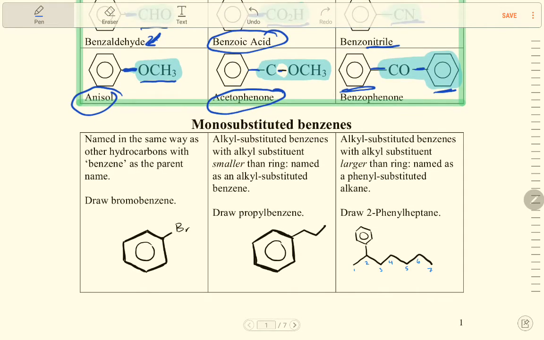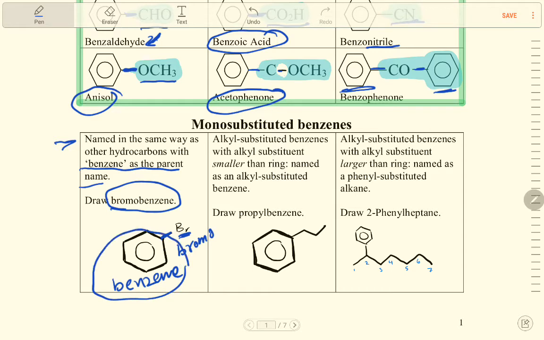Now monosubstituted benzene. We name it the same way as other hydrocarbons, with benzene as the parent name. For example, this Br is joined with the benzene ring, so we say bromobenzene.